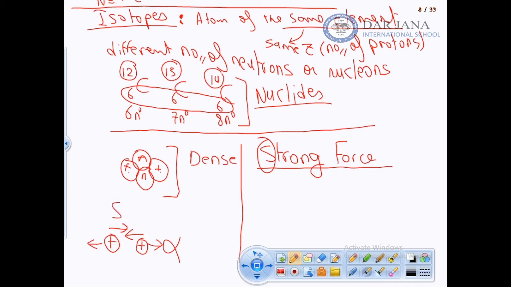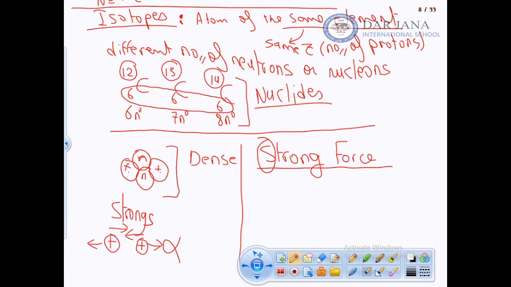This is the strong force in the nucleus. It's a force in the nucleus that causes its components to bind together. They have positive charge, and this strong force is much greater than the electric force of repulsion between them.